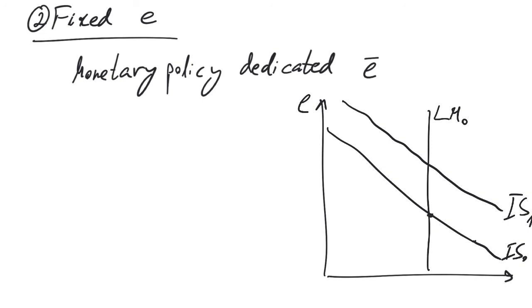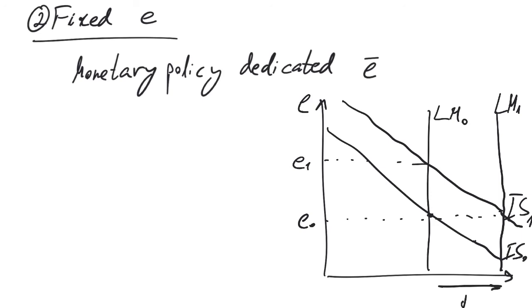As a result of that, we get a change in the exchange rate, but we said that we are not willing to accept any change in the exchange rate. And so in order to keep the exchange rate fixed, we will need to move the LM curve here to keep the exchange rate fixed. And now we get this increase in output as a result.